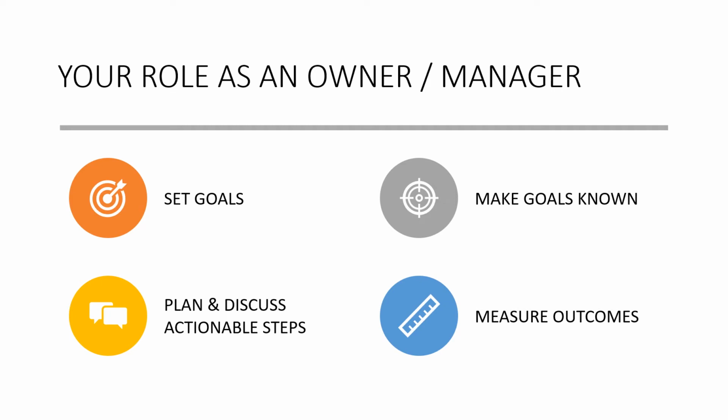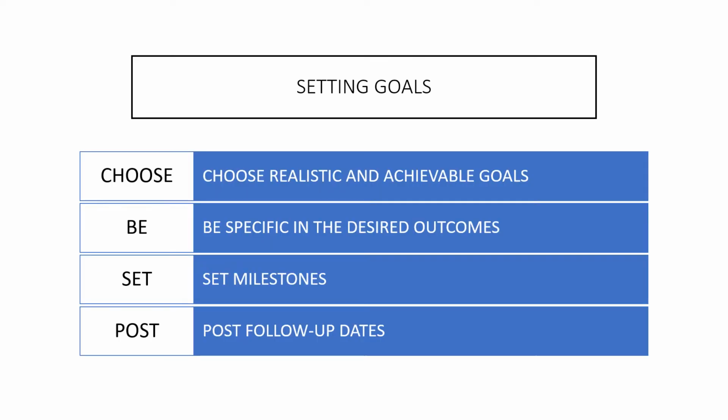And you have to be able to measure the outcomes. So we're going to talk about all of these in the coming slides, but really, communication is going to be key to making this work. And again, it's about understanding the process of managing business development, not about doing the actual job.